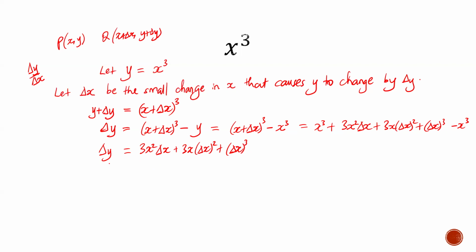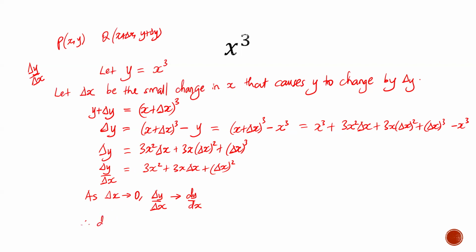But what do we want? We want delta y divided by delta x. If you divide the right hand side by delta x, you're left with 3x squared plus 3x delta x plus delta x squared. But what do we know? We know that as Q moves closer to P, delta x tends to 0. And as delta x tends to 0, the gradient of the chord PQ tends to the gradient of the tangent at P, which is dy/dx.